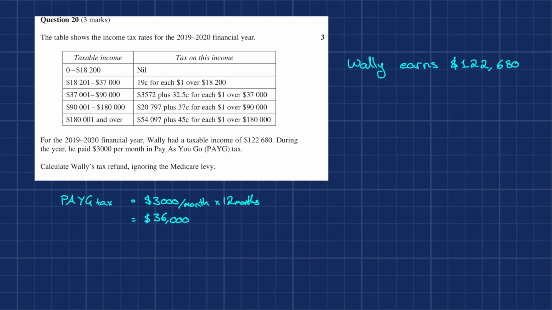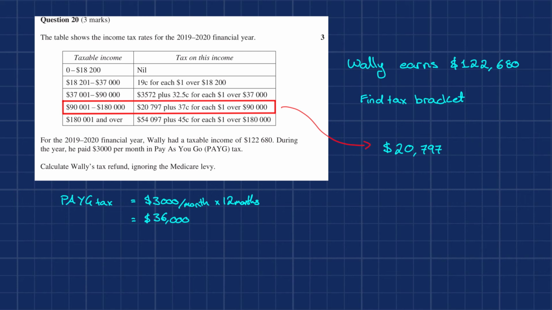So what we need to do is find out which tax bracket he falls into. And it's this one, right? He earns between $90,000 and $180,000. And so he falls into this tax bracket, which means straight up he pays $20,797 plus 37 cents for every dollar he earns over $90,000.